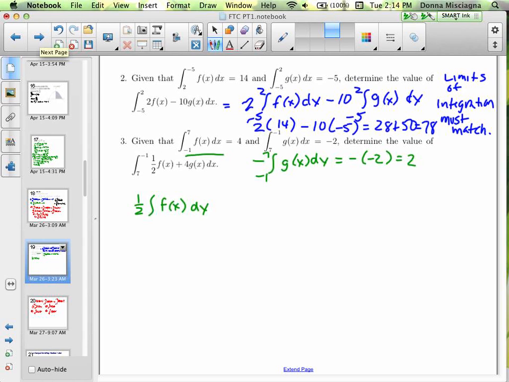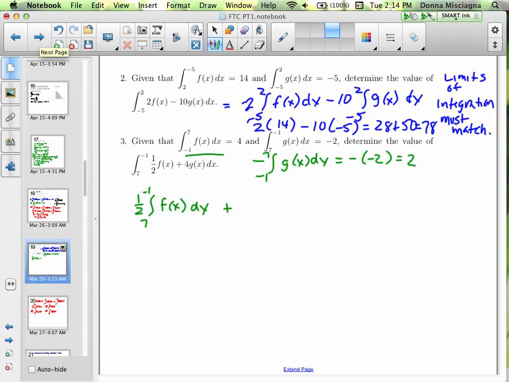So I opted to write the second one over because it was negative anyway, and so now we made it positive. So 7 to -1, and then plus 4 times, and actually this should be, let's include the negative in there.